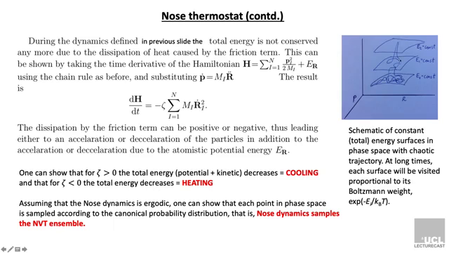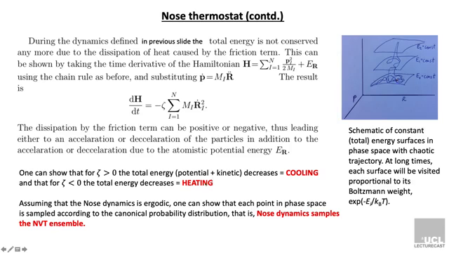This is shown here in this cartoon, again in phase space. I show these constant energy isosurfaces, and in the NVE we would only stay on one surface, but since we have this acceleration, deceleration, these friction forces, in the thermostat dynamics we actually change the surfaces.